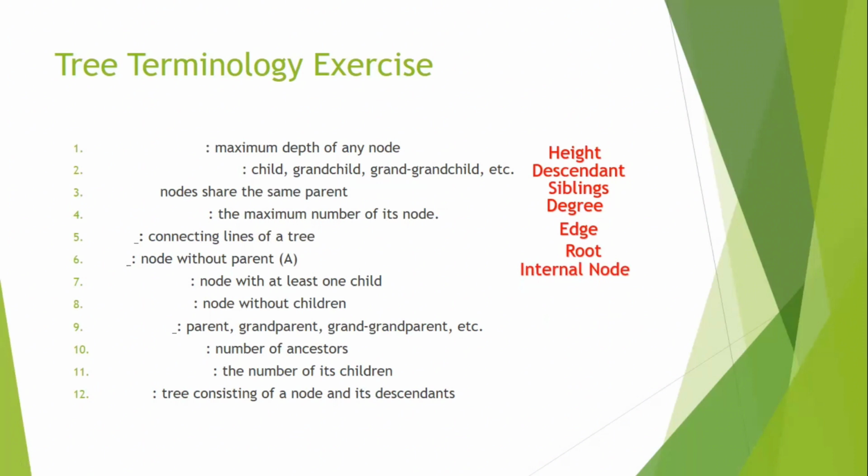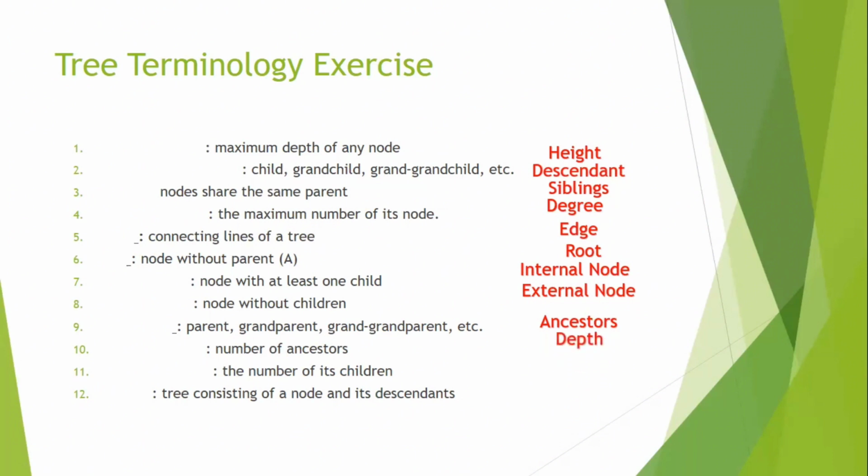Then another one, a node without children, it is an external node. Then a parent, a grandparent, etc., are ancestors. Yes. Then question number 10, the number of ancestors, it is depth.